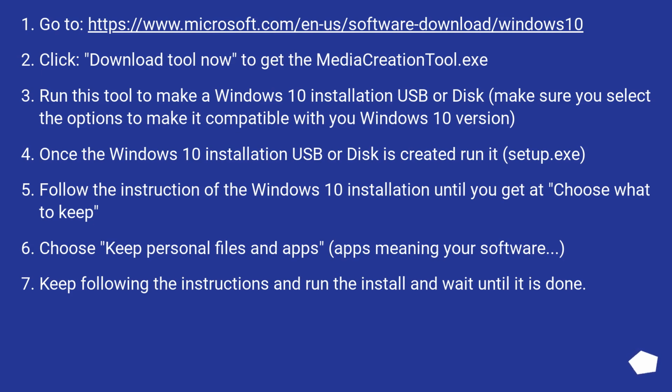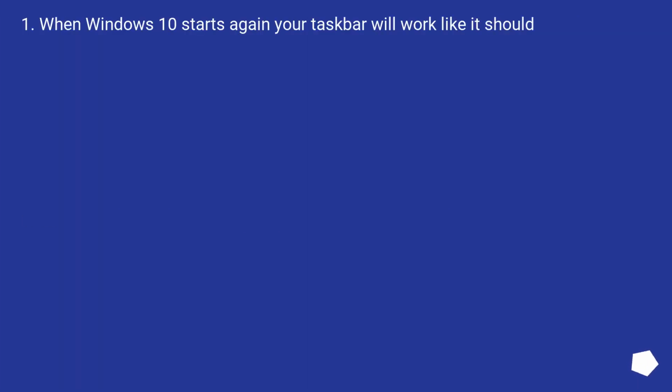Follow the instructions of the Windows 10 installation until you get to choose what to keep. Choose Keep personal files and apps, meaning your software. Keep following the instructions and run the install and wait until it is done. When Windows 10 starts again, your taskbar will work like it should.